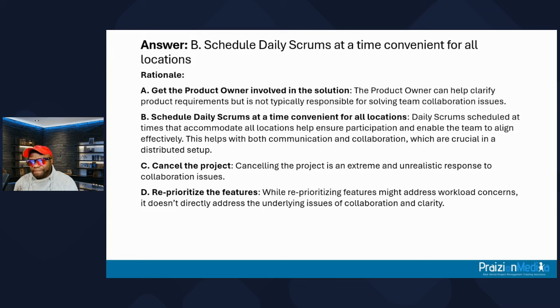And as a leader, it's your job to deal with the collaboration issues, to get in front of conflict, to ensure team alignment, and things such as that. So the best answer, again, is B for that reason. Canceling the project is rather extreme and unrealistic, and reprioritizing features could address workload concerns and other issues, but it doesn't address the underlying issues of collaboration.